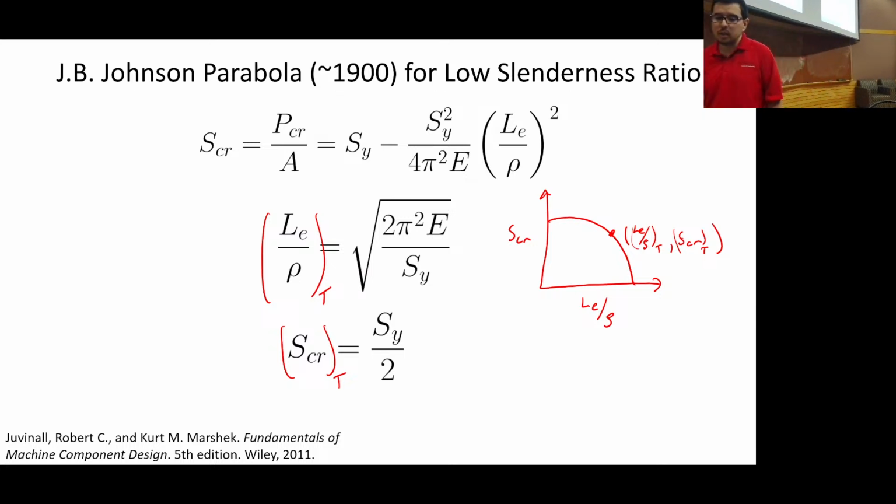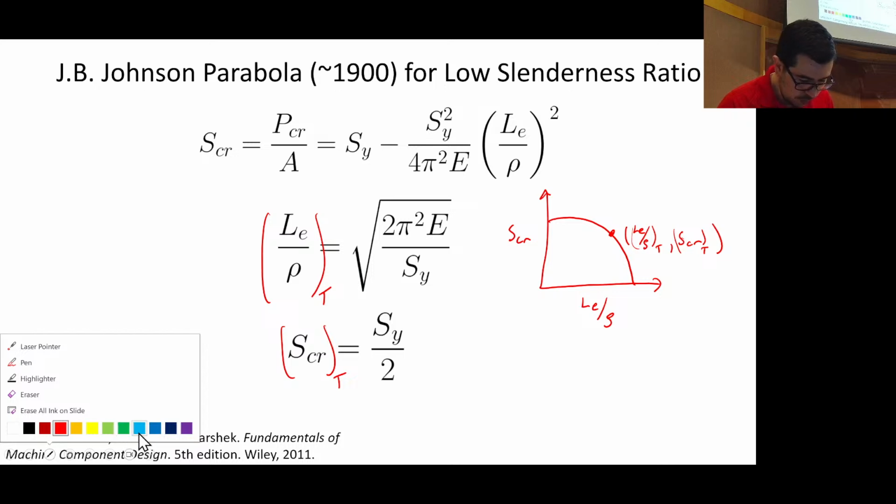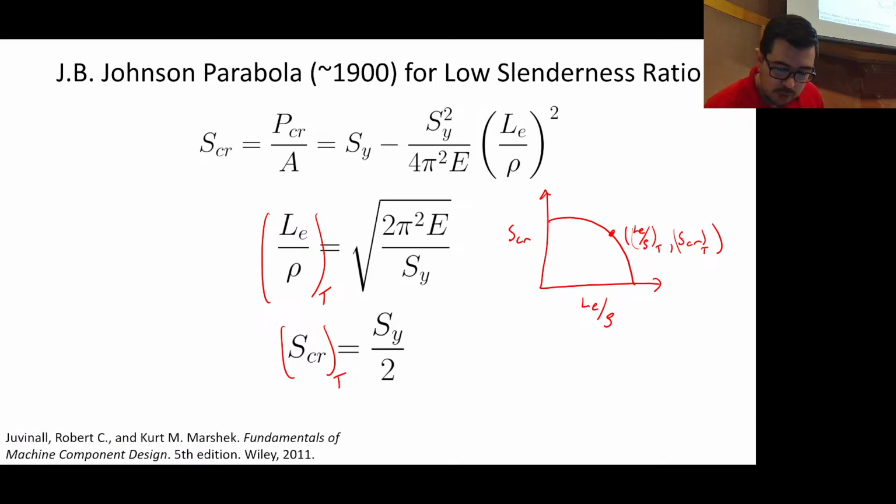So Euler is going to look something like this. This is Euler, and the red that you see is the Johnson parabola. Where do I trust what?